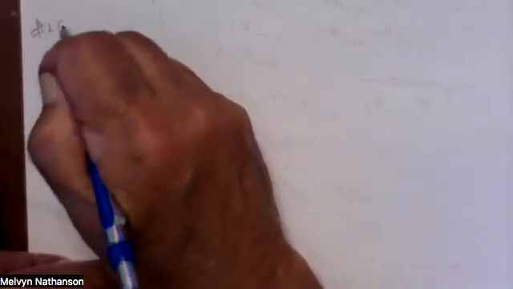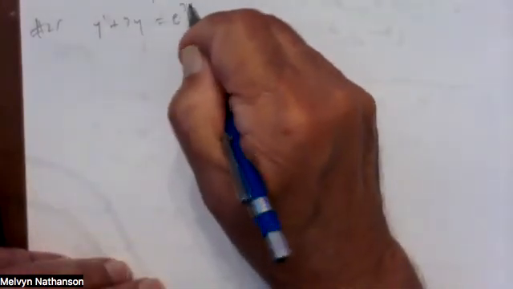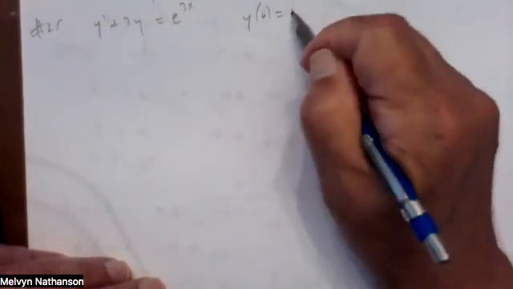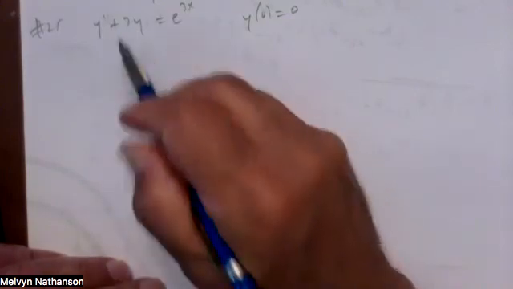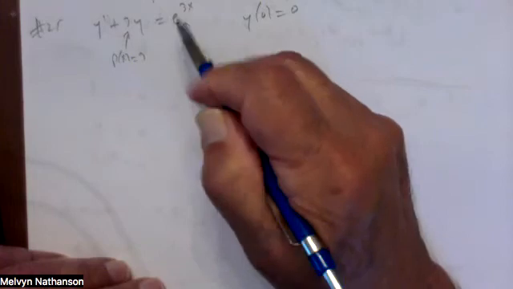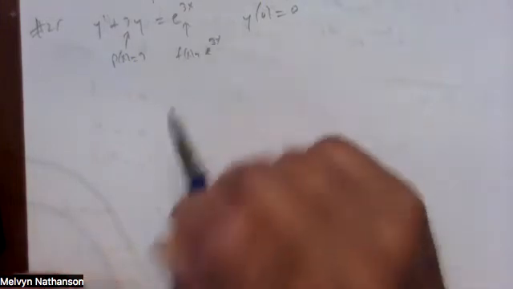Suppose I want to solve the equation y prime plus 7y equals e to the 3x, with the initial condition that y of 0 is equal to 0. So my function p of x is equal to 7, and my function f of x is e to the 3x.